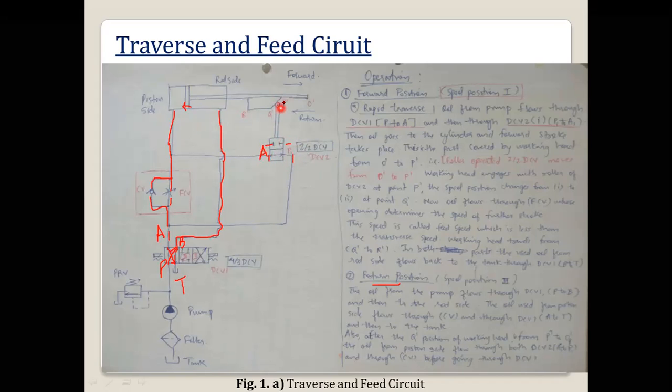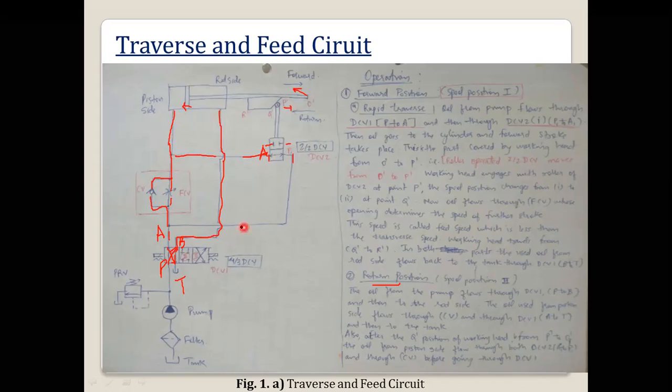So at that time, when retraction happens again, that is the rod is coming to the backward side and the roller is going to the forward position, the oil will be flowing through this check valve, then the flow control valve, and also through this A1 to P1.